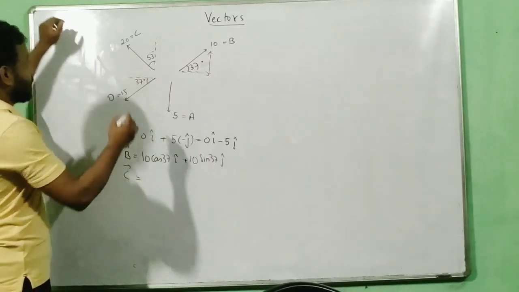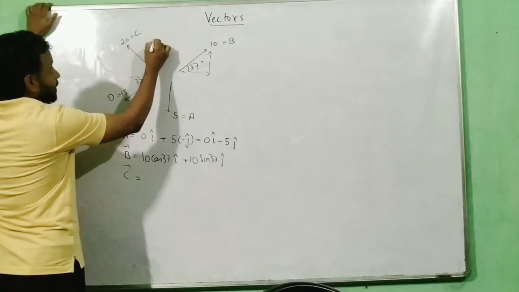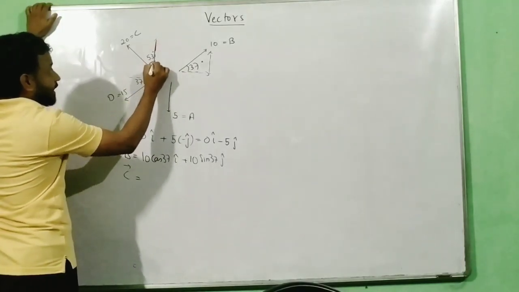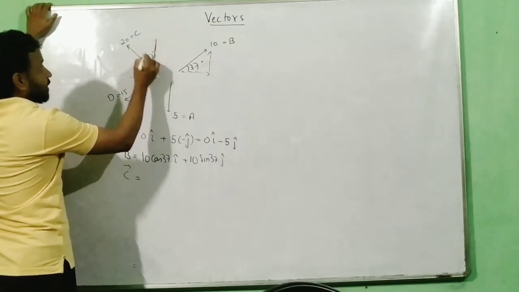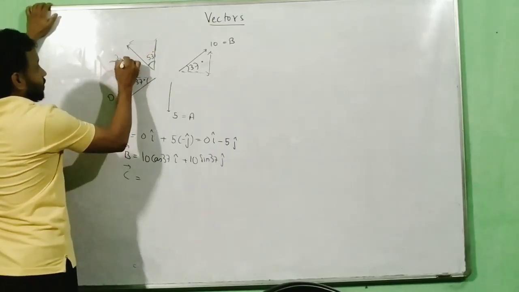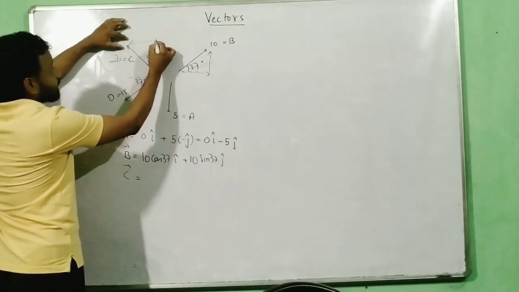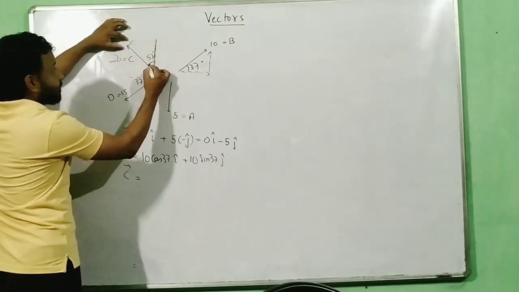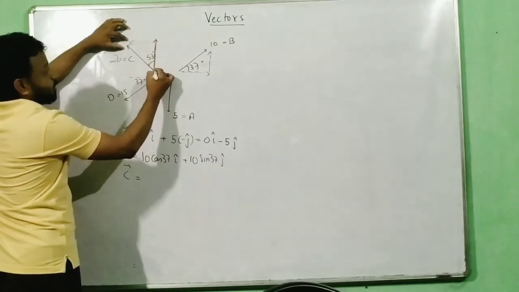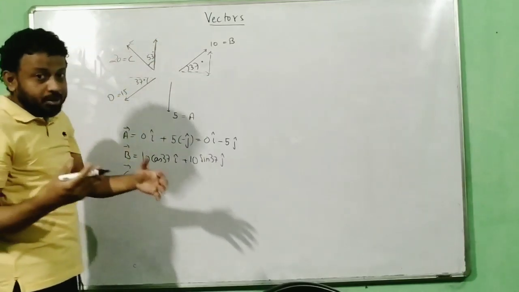This fellow is C. Now this is the 53, so this becomes my base. Remember, the 53 angle is made with this line. If this is the line with which the angle 53 is being made, that means this will become my base component, as per the trigonometry rule.